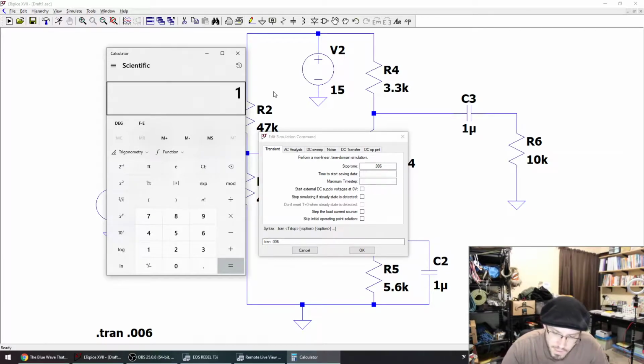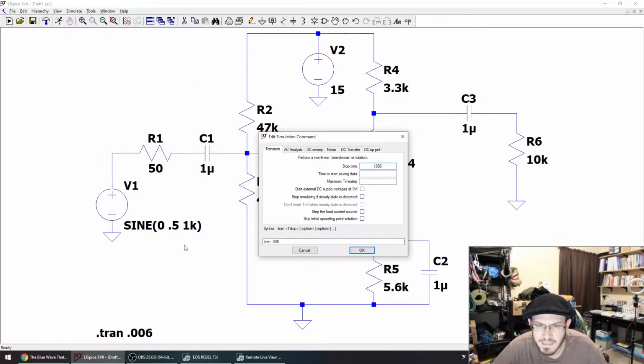So I do 1 divided by the frequency, which gets me the period, so that's 1 cycle. I want to show 6 cycles on the screen, so I will multiply this number by 6 so that the simulation time runs for exactly the same time as 6 cycles of our input signal. So that's where the 0.006, or 6 milliseconds, comes from.